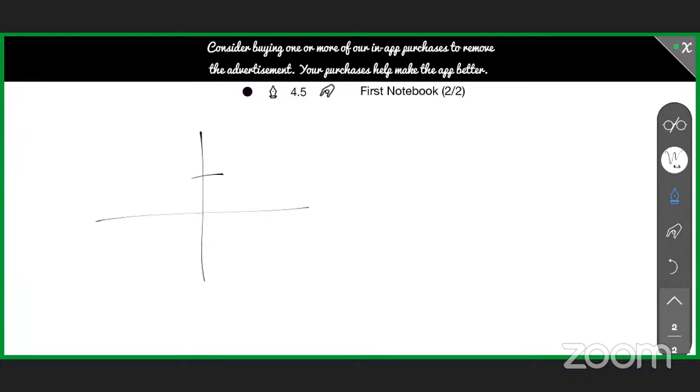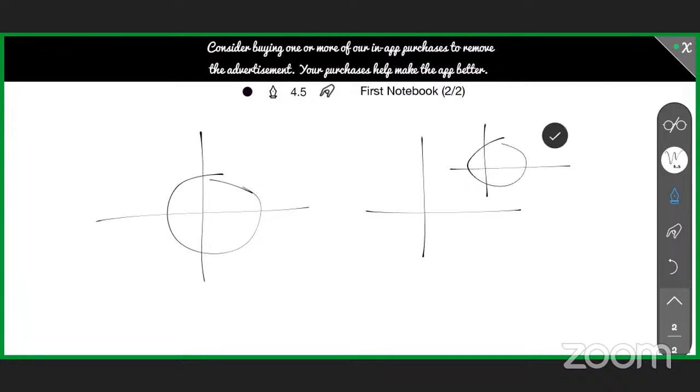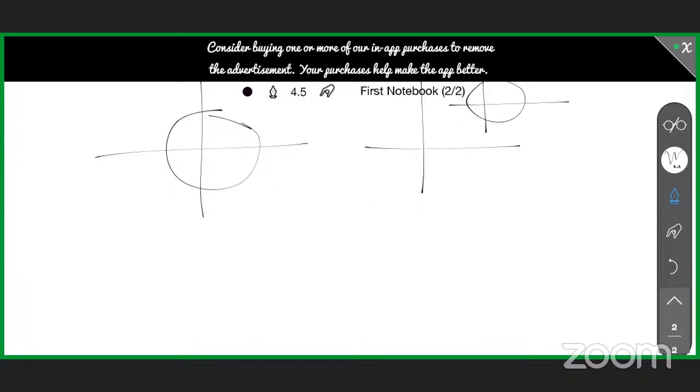Let us say this is a circle. If transformation happens, this circle becomes like this. Yes or no? Yes, sir. If the same circle, we are doing rotation, this becomes like this.